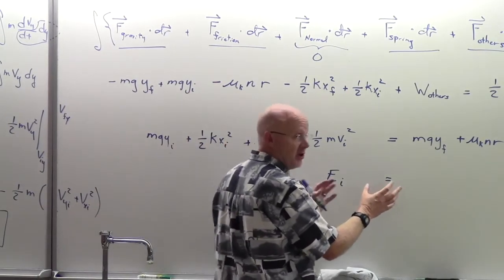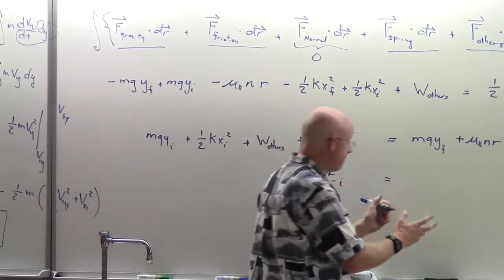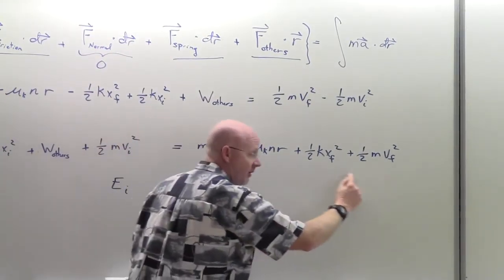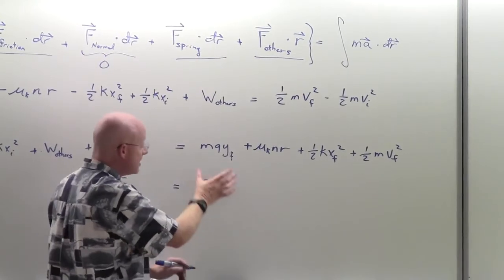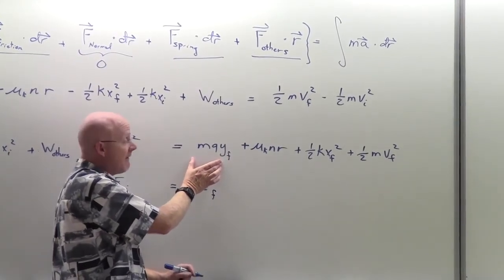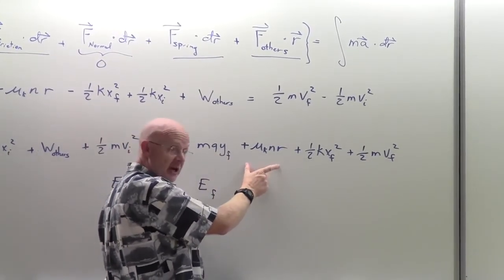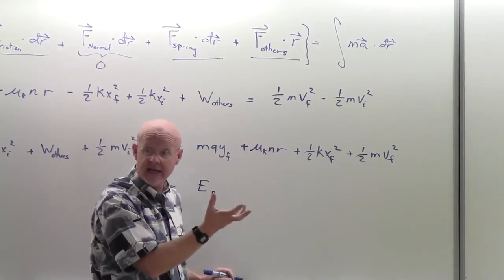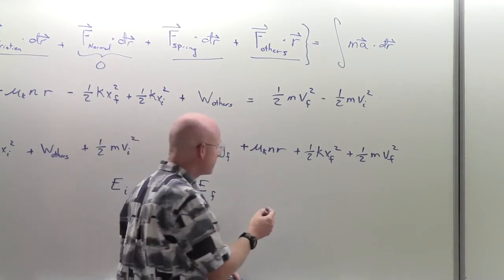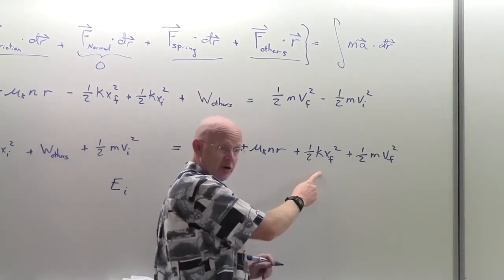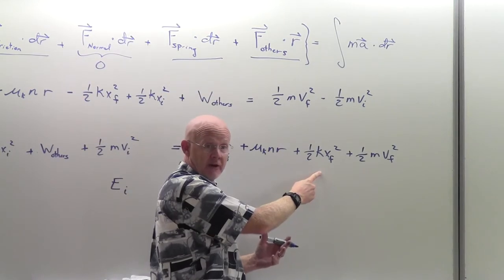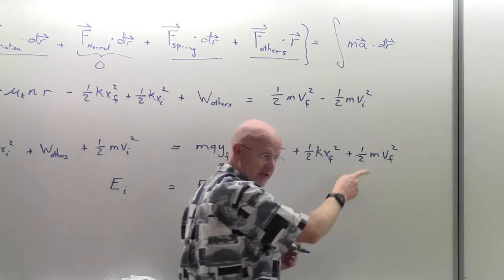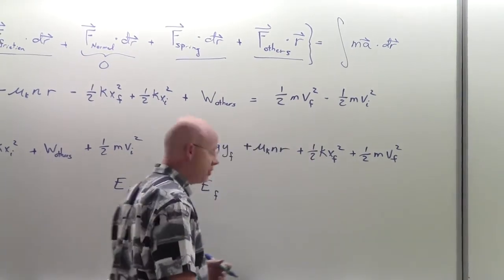What is the initial energy then equal to after something happens? The sum of all the final energies, right? This is the energy that it has with gravity. This is the energy it has because of the friction, the rubbing that's going on. We'll call that heat energy. This is the energy in the spring now, at the end of it. This is the final elastic energy. This is the energy that has to do with motion.